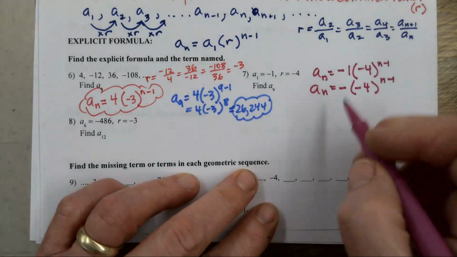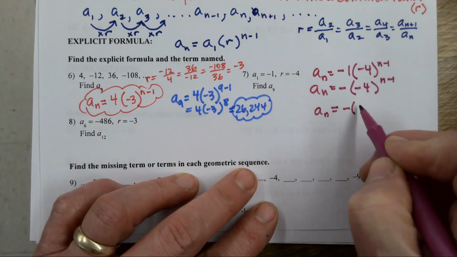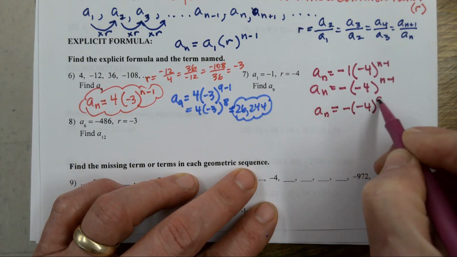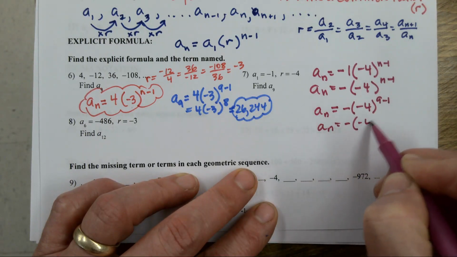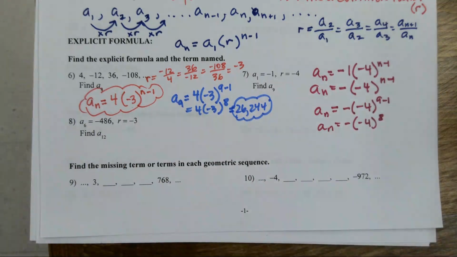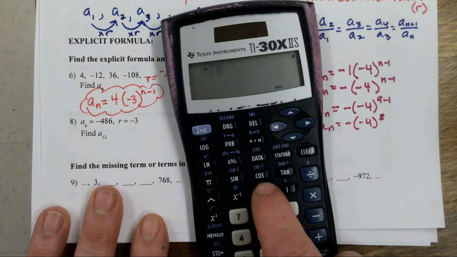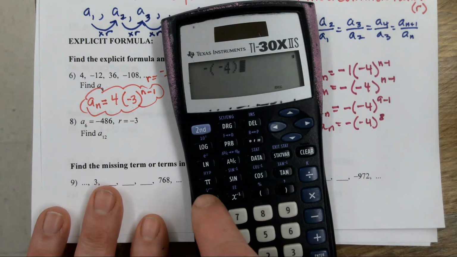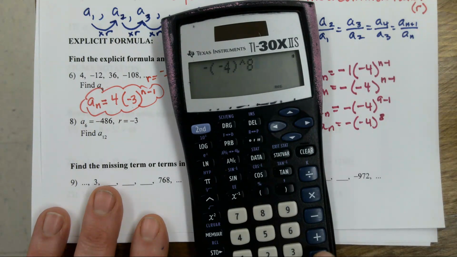So if I'm finding the ninth, a sub n is equal to the opposite of negative 4 to the 9 minus 1 power, or a sub n is equal to the opposite of negative 4 to the 8th. And so the opposite of negative 4, parentheses, raised to the 8th power. Again, if you can't find your power key, let me know. Most of them are caret keys on our calculators.